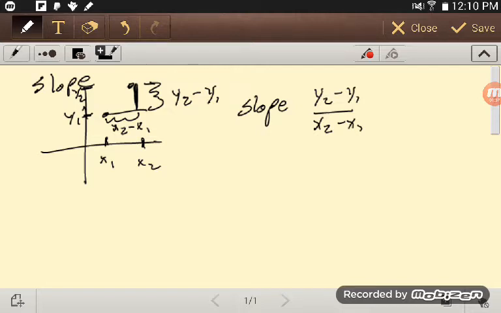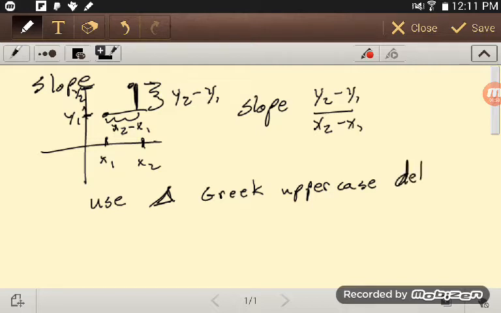Well, we use a Greek uppercase delta for change.